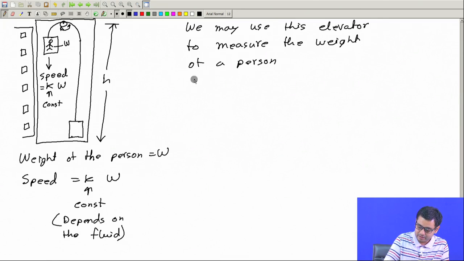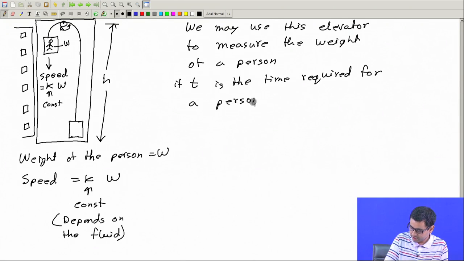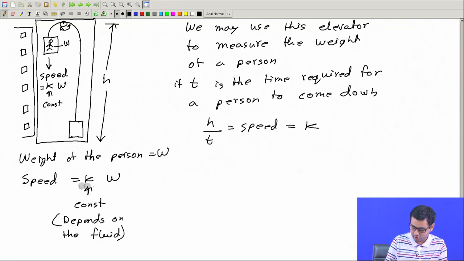If t is the time required for a person to come down, then h by t is the speed, and this must be equal, according to this, to k times weight. So this is the weight.